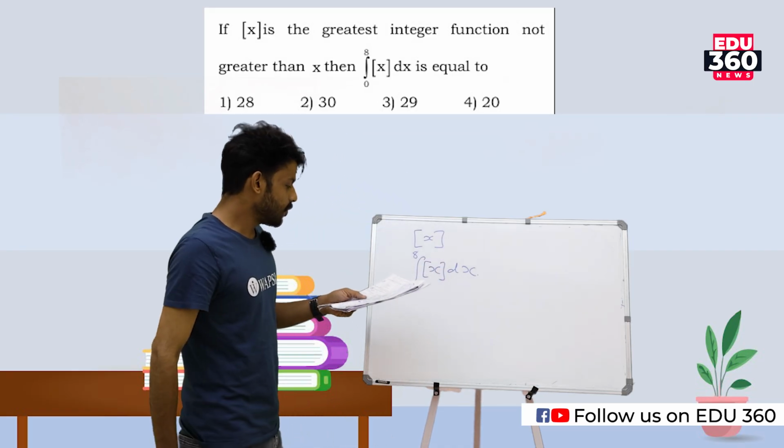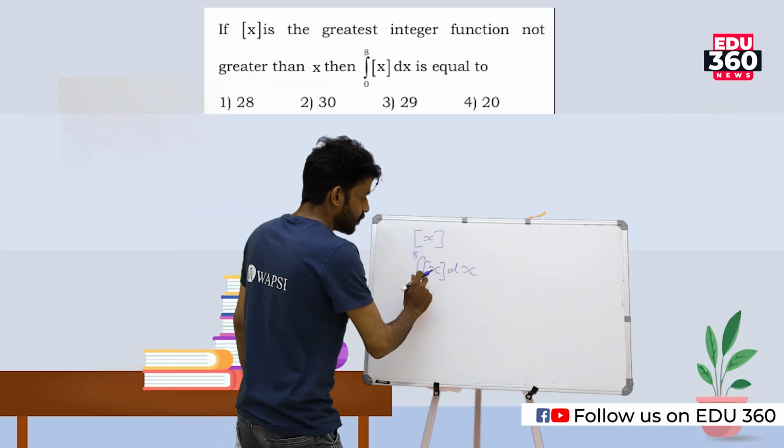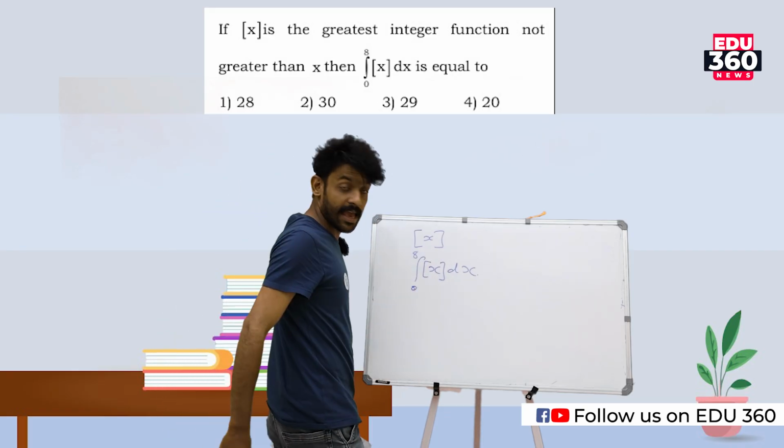First of all, we can split this integral from 0 to 8 of [x] dx.